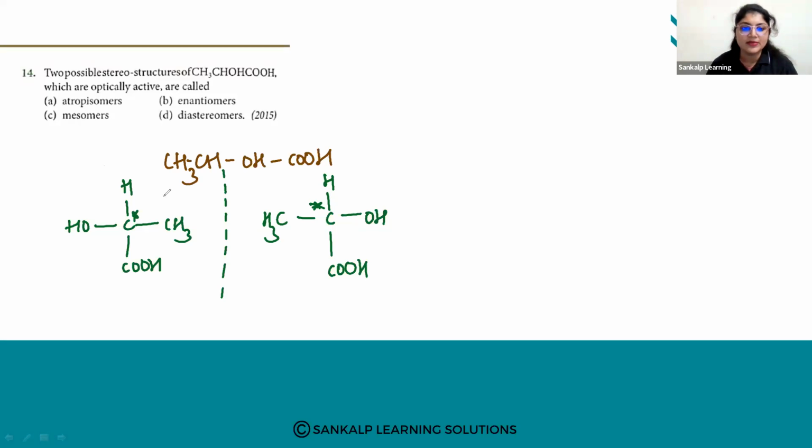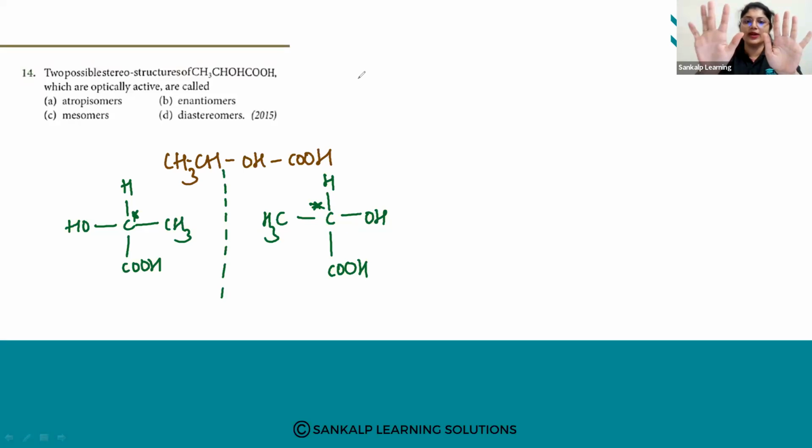So these are mirror images. Can you see the two structures I have drawn? Are they superimposable on each other? This is one structure. Now I'll place another structure here. So this is the mirror image of each other, like our hands.